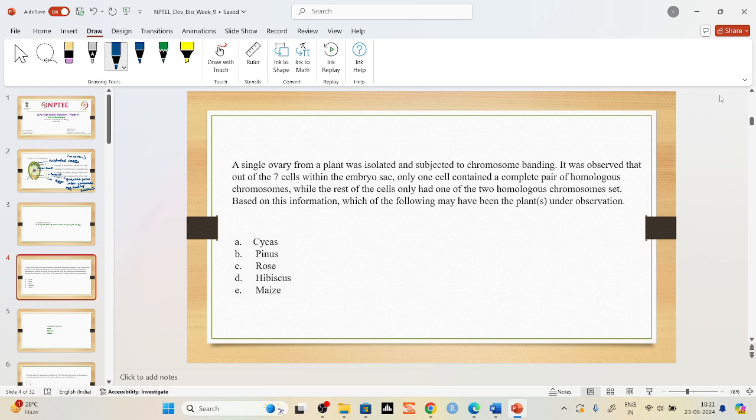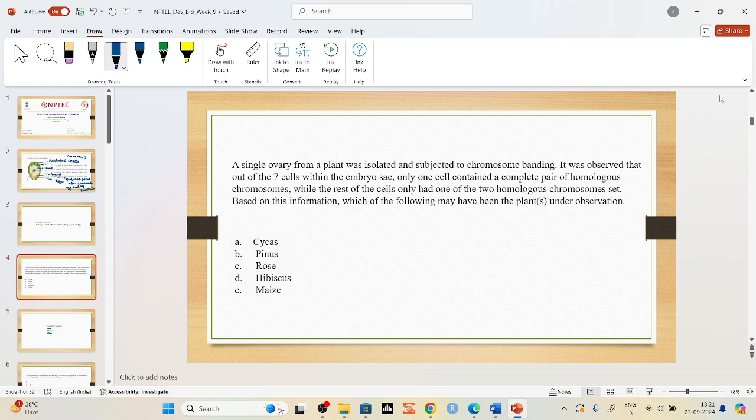So the question here is referring to the presence of haploid and diploid cells within the embryo sac of the plant. Gymnosperms and angiosperms, where angiosperms are your flowering plants.